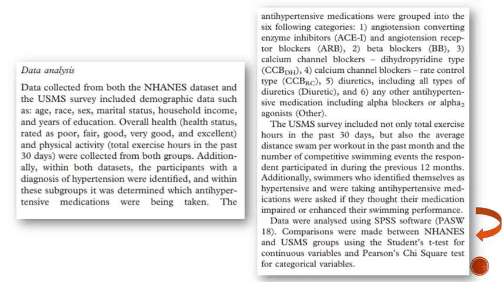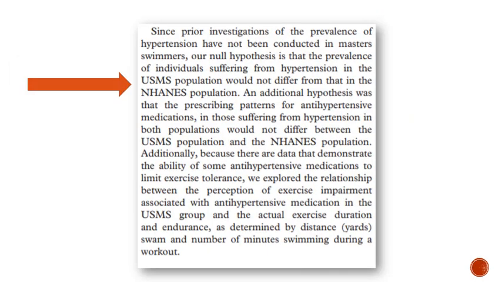And they might also talk generally about what is known about exercise and its effects on blood pressure. So they're starting to build that case, finishing up within the purpose of this study paragraph, usually the last paragraph in the introduction section, where in this particular case, they talk about the prevalence of hypertension not being known. And so they go into, this is the purpose of this study, and these are our hypotheses.